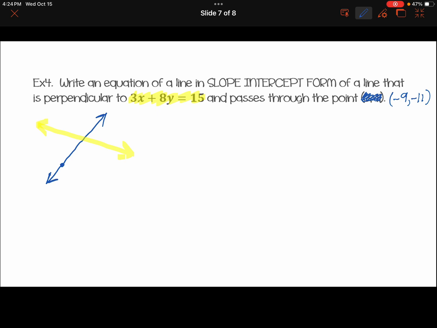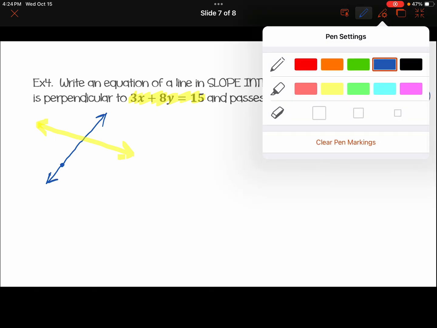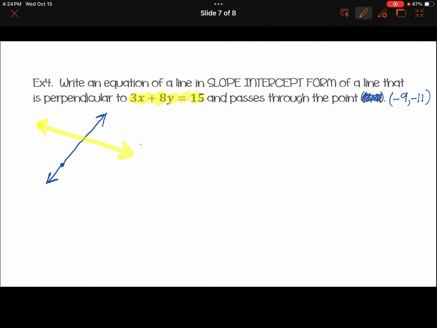perpendicular to the line. Okay, let's write down what we know. We need to take the slope from the yellow line, which would be the opposite of a over b, which is -3 over 8. For a perpendicular line, the perpendicular slope is going to be the opposite. So if it's negative, it's going to be positive, and then the reciprocal.